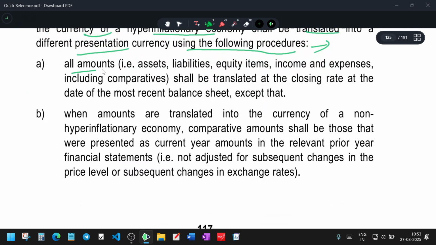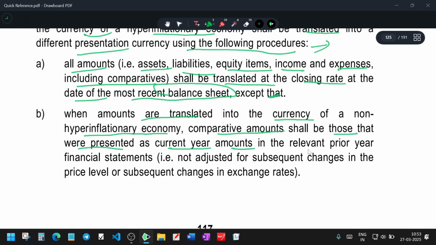All amounts, that is all the assets, all the liabilities, all the equity items, all the income and all the expenses, including comparatives, shall be translated at the closing rate at the date of the most recent balance sheet, except that when amounts are translated into the currency of a non-hyperinflationary economy, the comparative amounts shall be those that were presented as current year amounts in the relevant prior period financial statements. That is, not adjusted for subsequent changes in the price level or subsequent changes in exchange rates.